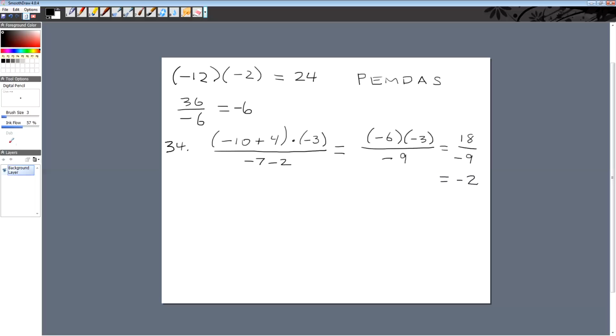If you look at number 35, you have -8 times -2 minus 4 squared plus 7 minus 3.